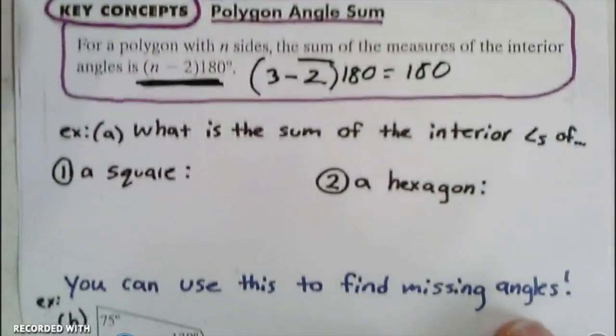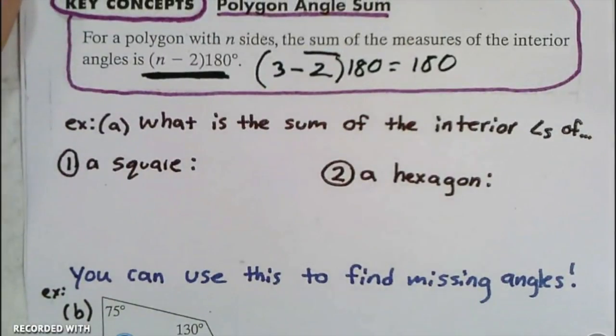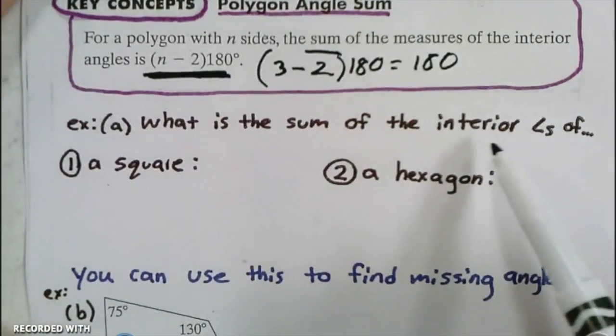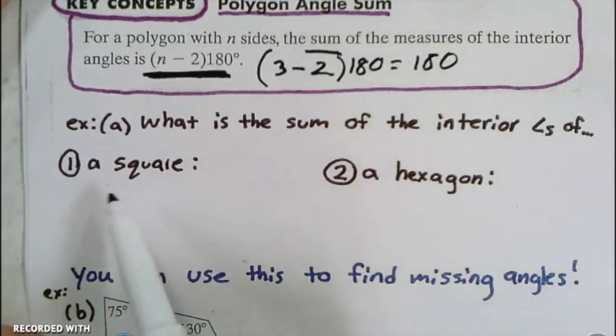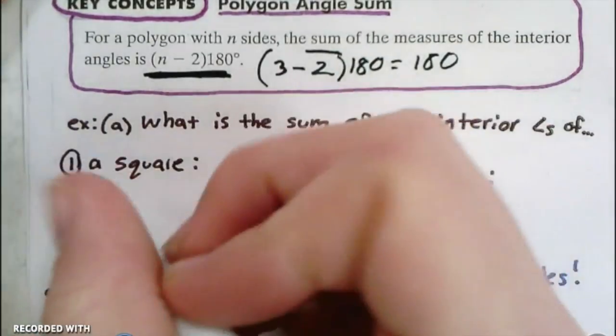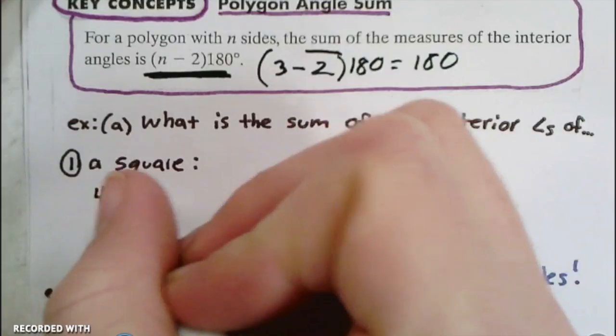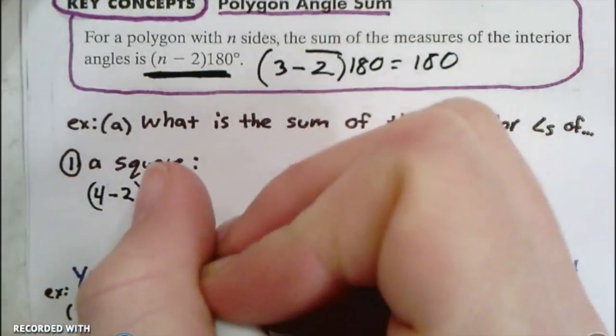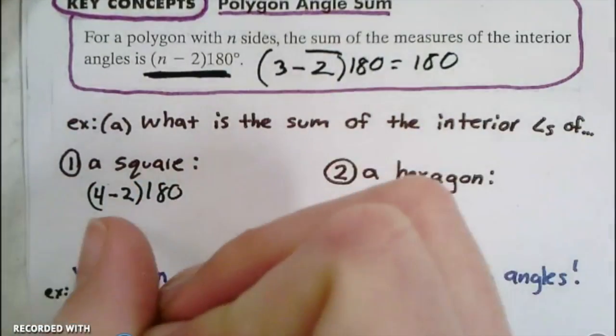But we can use this fancy little trick to find out the total sum of interior measures for any type of polygon. So what is the sum of the interior angles of a square? Well, how many sides does a square have? 4. So 4 minus 2 is 2.